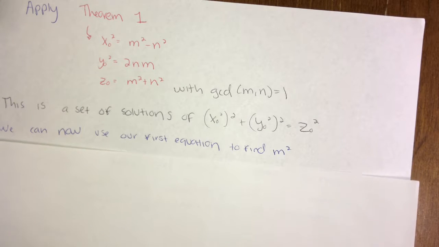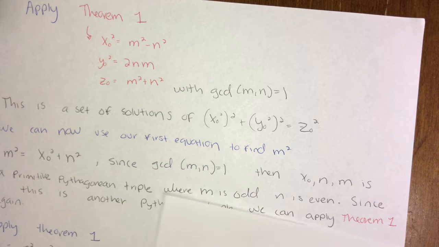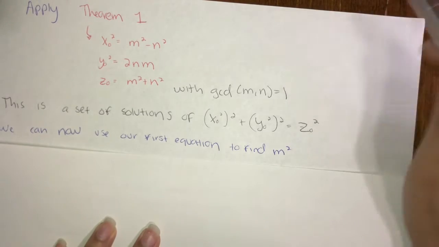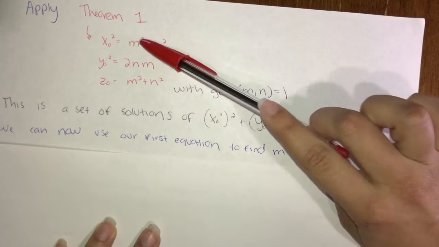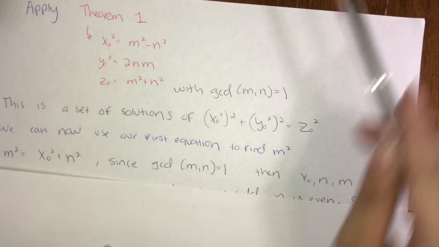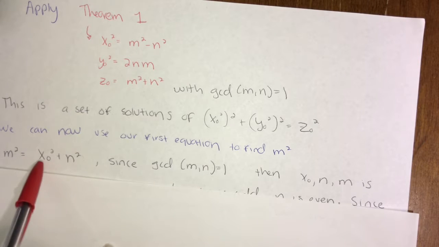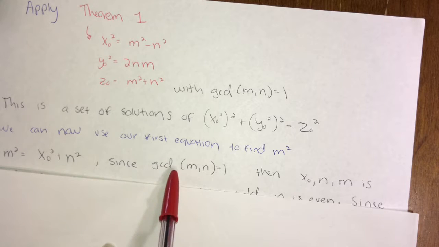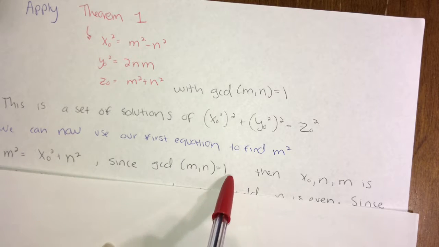We can now use our first equation to find m squared. What does this mean? I'm going to find m squared from this. I did that for you. As you can see, m squared will now equal x sub 0 to the second plus n squared, and the GCD of m and n is equal to 1.